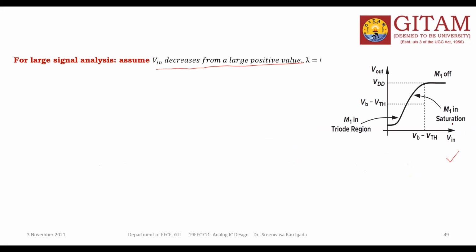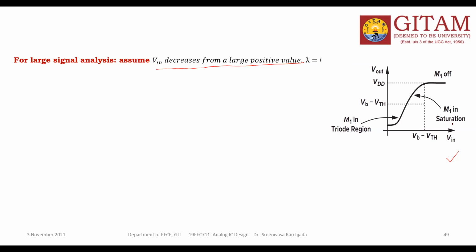So my assumption is, first of all, Vin decreases. Decrease means towards the left-hand side, increase means towards the right-hand side. You can go either back or forth on this axis. Back means left-hand side and forth means right-hand side. So assume Vin decreases from a large positive value.